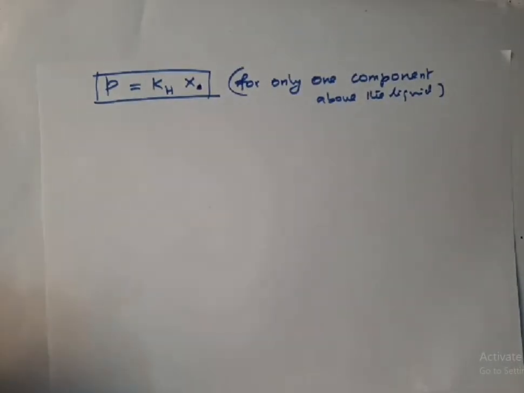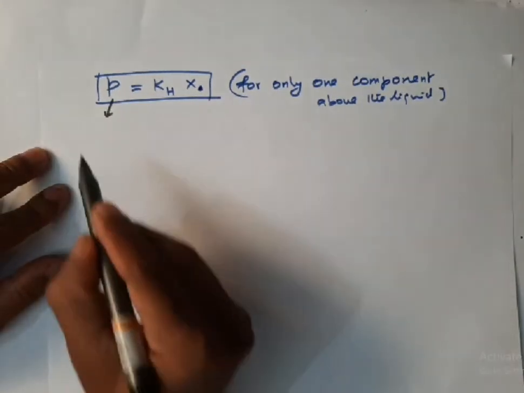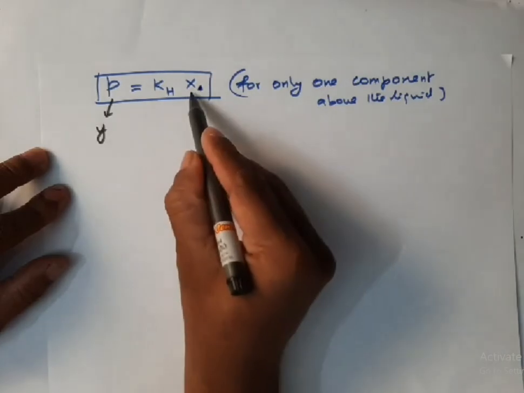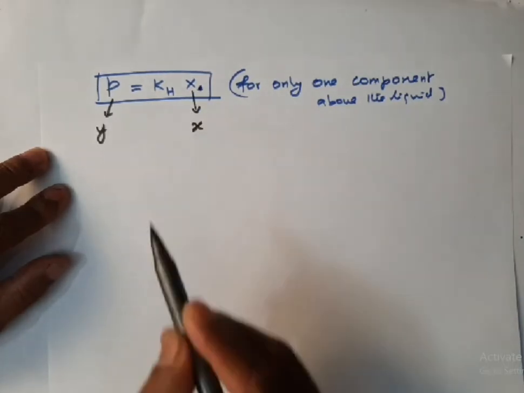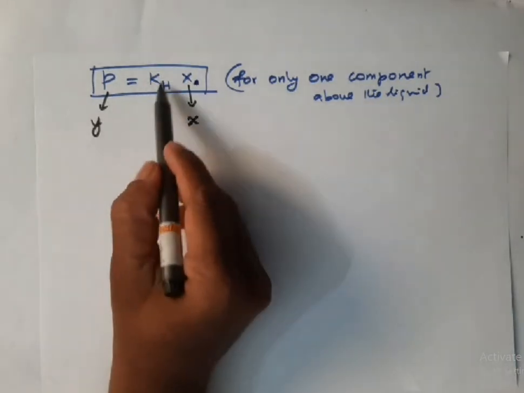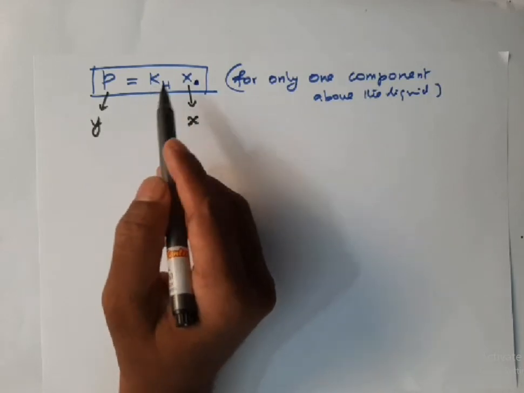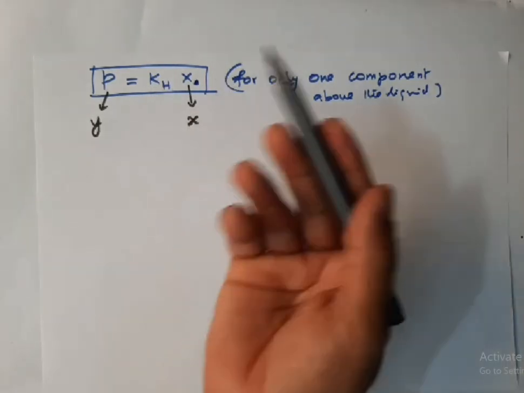Now in this case, listen, if I plot the vapor pressure on the y-axis and the mole fraction on the x-axis, I will get a straight line with a positive slope, because here it is positive, and that straight line passes through the origin because there is no intercept.